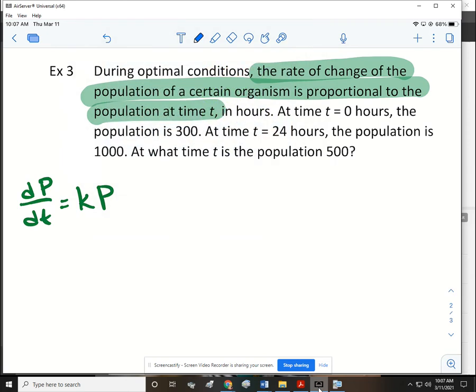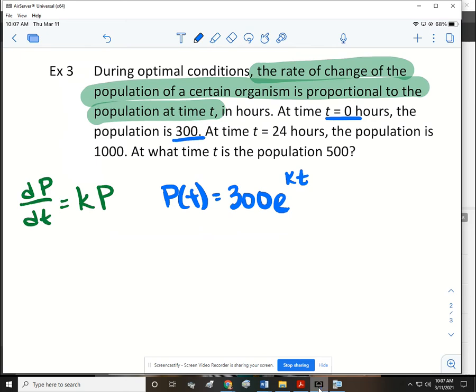All right, and then this type of differential equation translates to an exponential function. All right, so at time t equals 0, the population is 300, and then we do e to the kt.